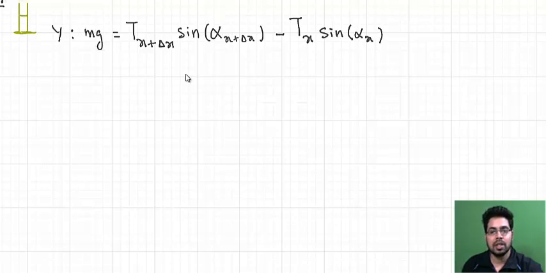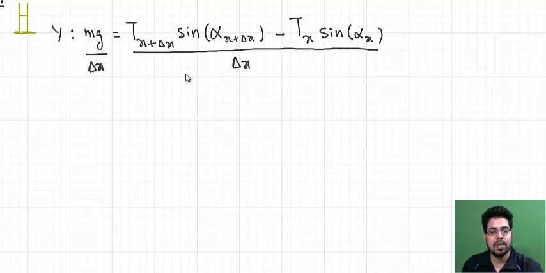Here also we are going to divide both sides by delta x and apply the limit as delta x approaches 0.